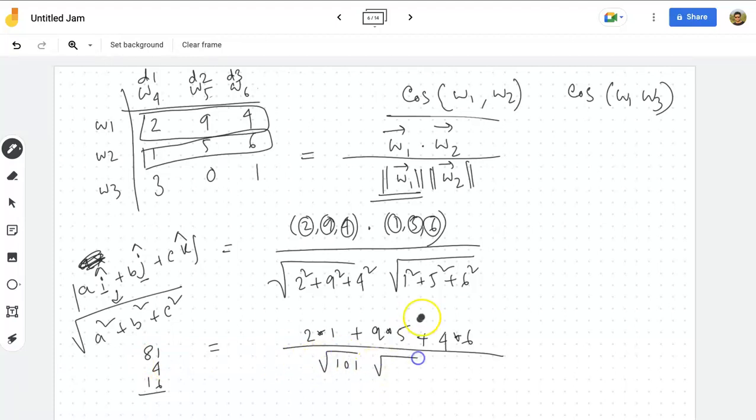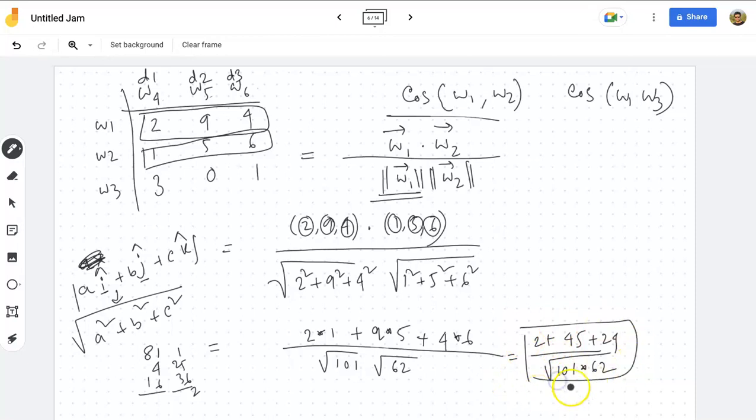And the other one is root over 1 plus 25 plus 36. The numerator will be 2 plus 45 plus 24, divided by root over 101 times the other root.